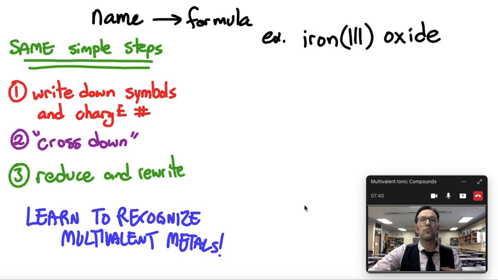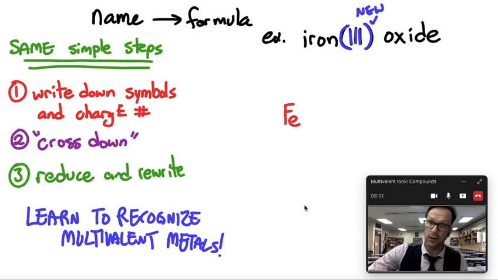Now, you'll notice something new in this name. It's right here, the Roman numeral 3. That is an indication that you have a multivalent metal. Now, I'll show you what that actually means. Following the steps, like naming a simple ionic compound, write the symbols. Iron symbol, Fe. Oxygen symbol, O. The charge for oxygen is 2.